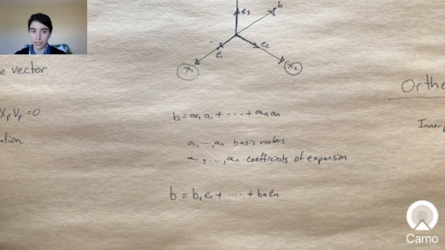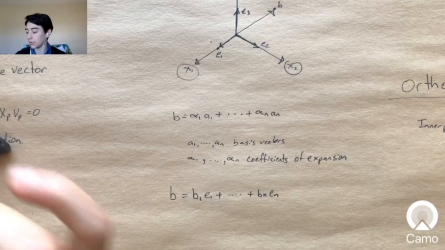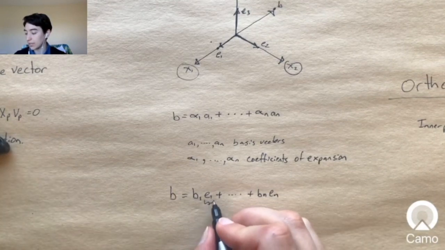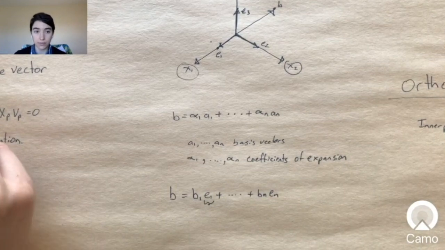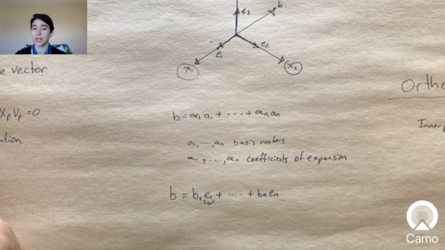It is convention to write standard basis vectors using this E notation. So whenever you see those, you know that you're working with standard basis vectors. Or you know that whoever was writing their thing chose their variable naming very poorly.